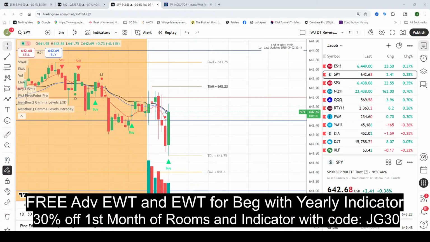It is now pushing back up to about 85 or so. Get a little bit of follow through here and we'll have our first take.